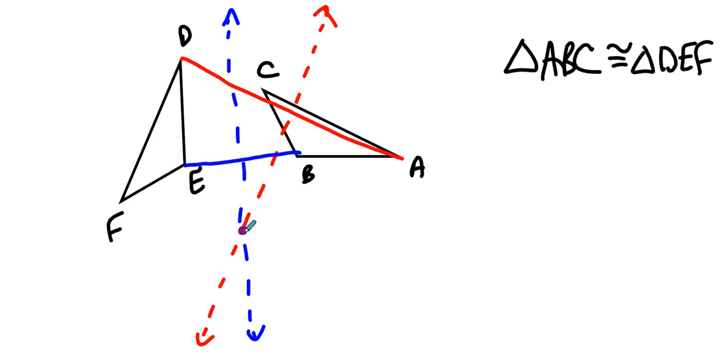And the answer is yes. How do we know? The center of rotation has to be equidistant from a pre-image point and its corresponding image point. And the center of rotation is the only point that is equidistant from all of the image points and their pre-image points. So this must be the center of rotation. This is definitely a rotation.